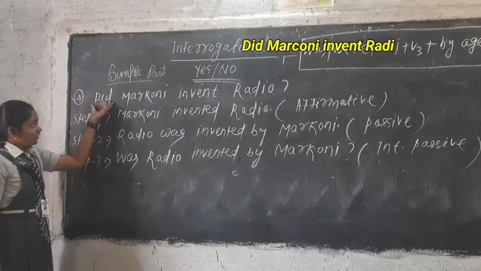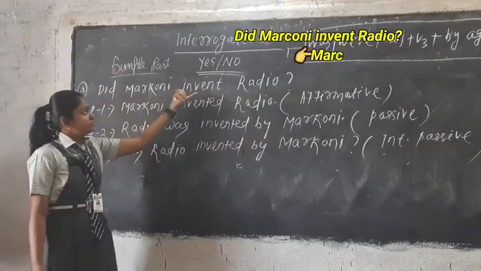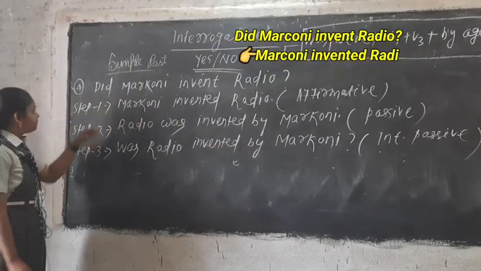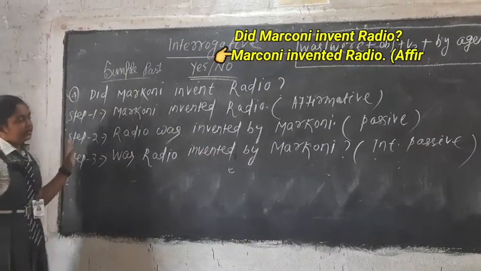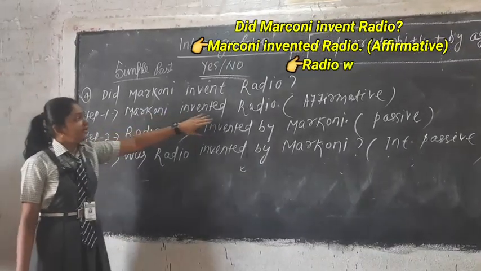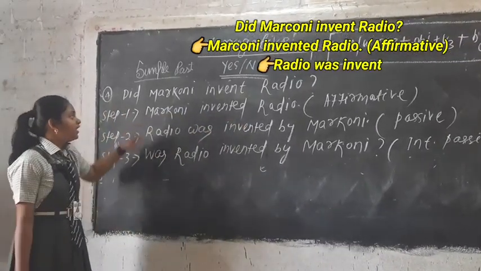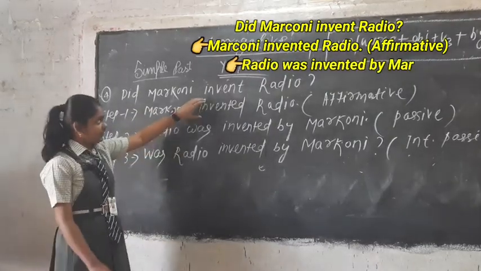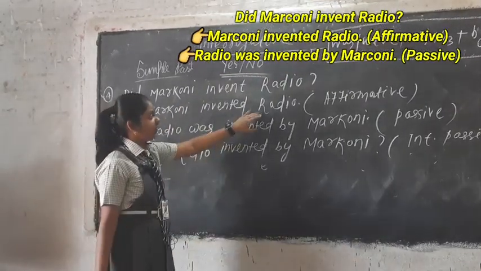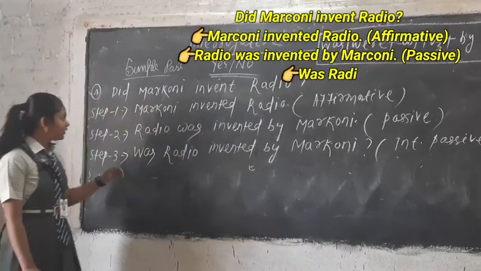Here did is the auxiliary verb, Marconi is the subject, invent is the verb, and radio is the object. Step 1 is to convert this sentence into affirmative: Marconi invented radio. Marconi here is the subject, invented is in the V2 form, and radio is the object.